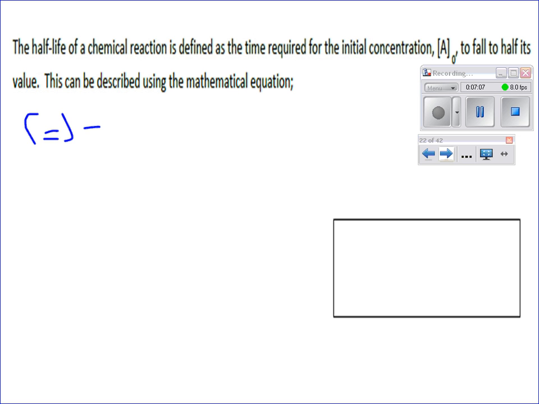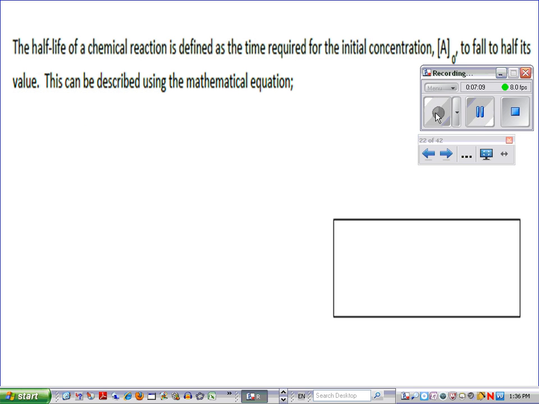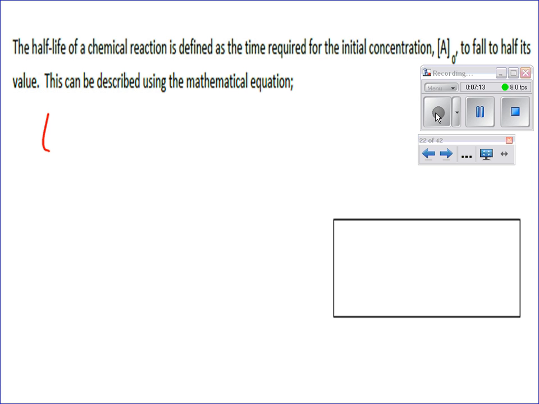Okay, let me pause it. That was a nice pause. All right, let's try it again. A minus A naught equals negative kt.